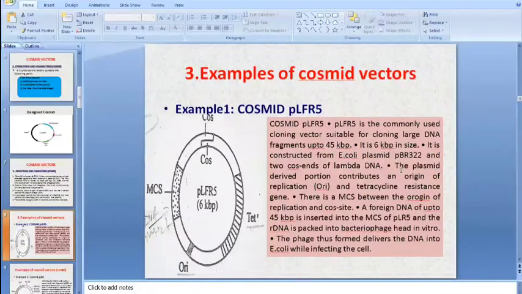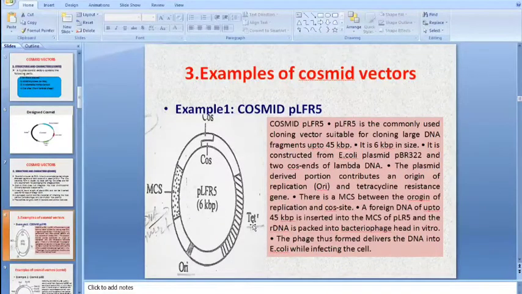Next, the third one. I have given two examples regarding the cosmid vectors. The first one is cosmid pLFR5. This is the cos sites. Cos sites are nothing but cohesive ends of the lambda bacteriophage. This is the MCS, multiple cloning site, and origin of replication.